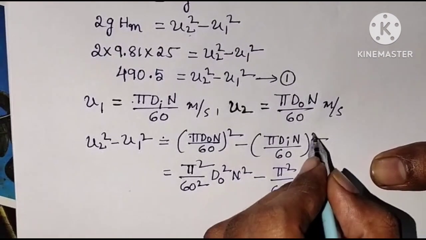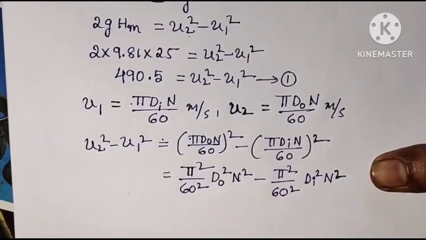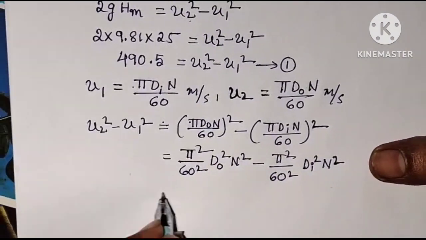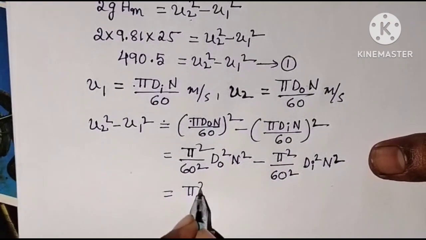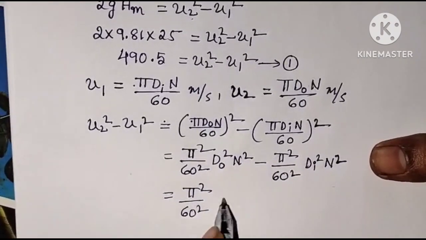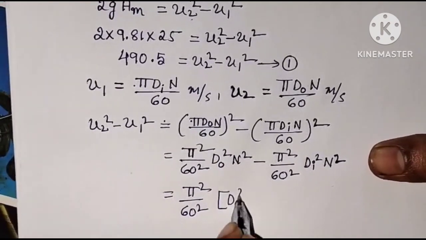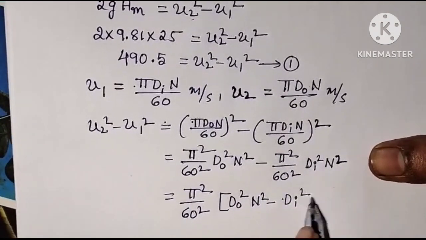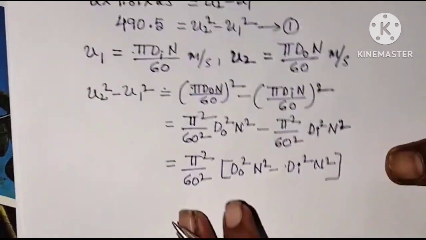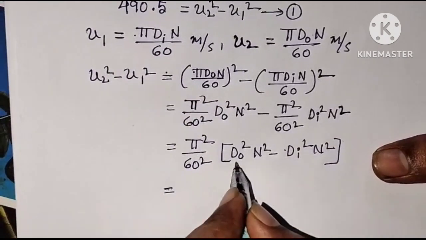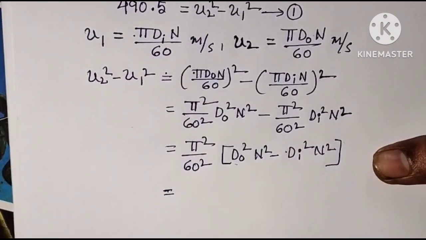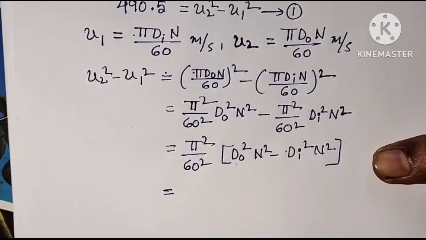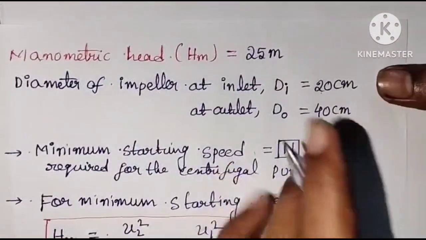Now the common thing here is pi square by 60 square. D naught is 40 centimeters and Di is 20 centimeters. Before that, let us make some unit conversions.